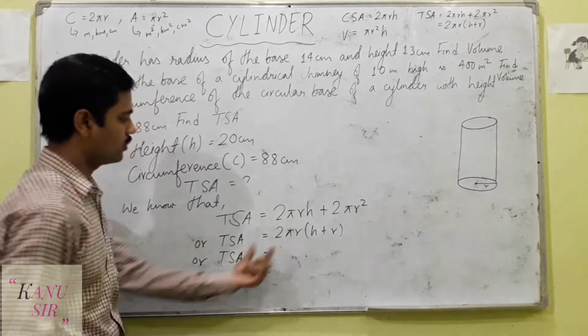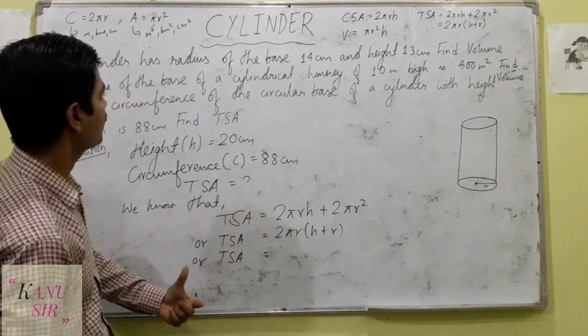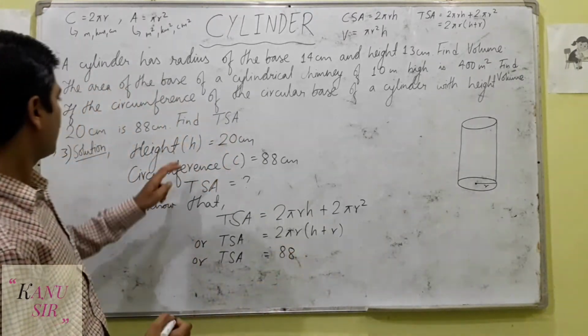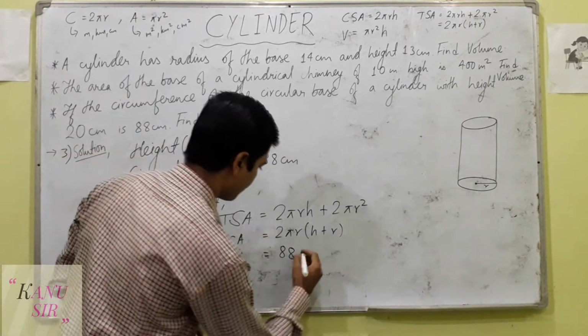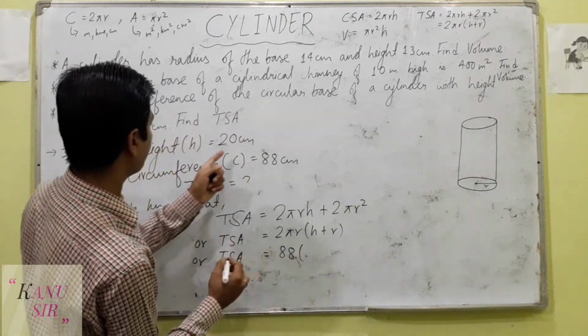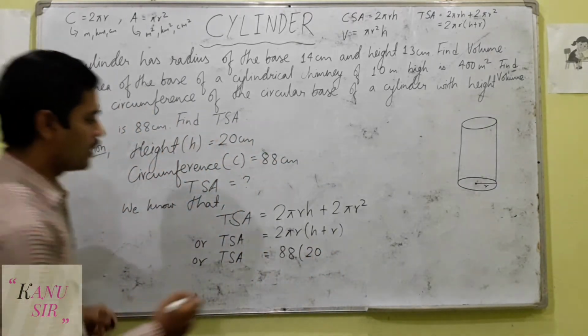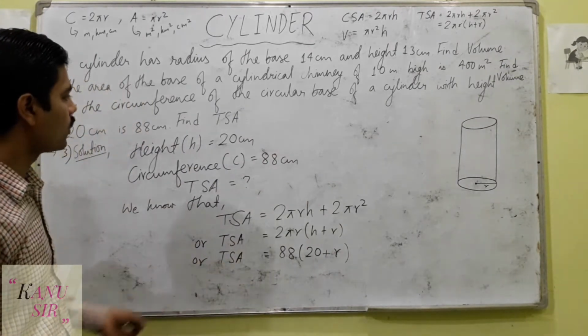TSA is equal to 2 pi r, the circumference, that is 88, and the height is given as 20, plus we need to find the radius r, that is unknown to us.